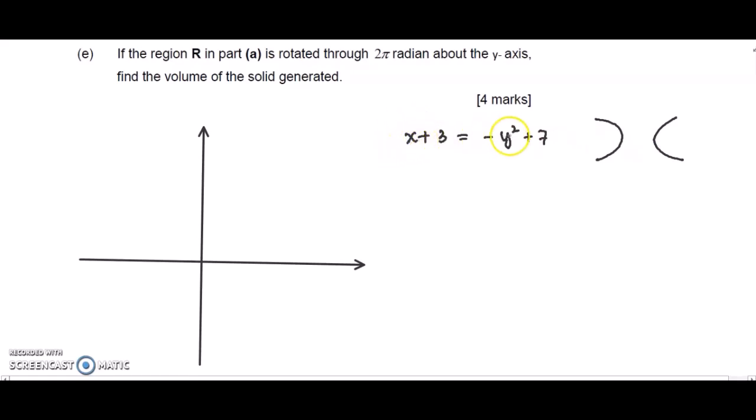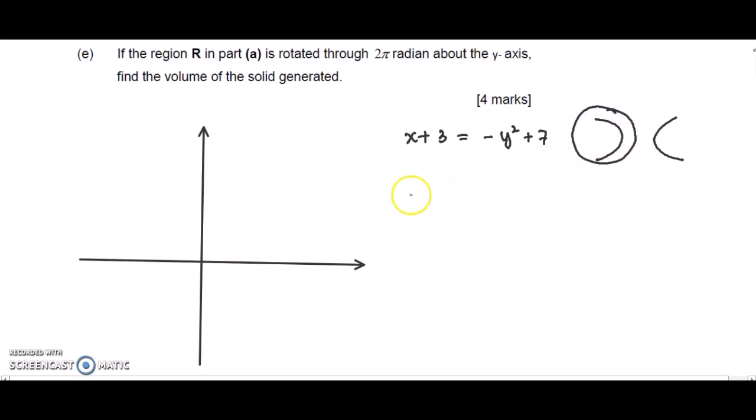But now the square is at y, meaning that it's still a parabolic shape, but it's either open left or right. And you can see that now we have a negative sign over here. So if this is having a negative sign, then we know the shape has to be open to the left. If the sign is positive here, the shape is open to the right. So here we have chosen our shape, but we do not know which points the shape is passing through.